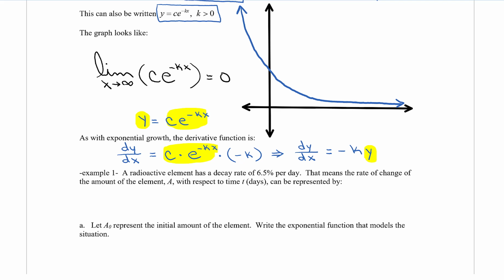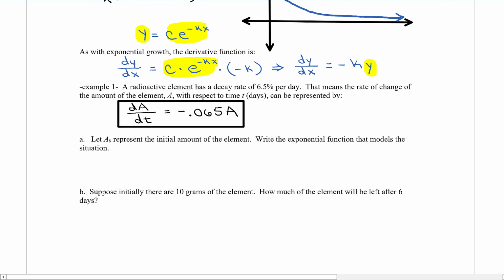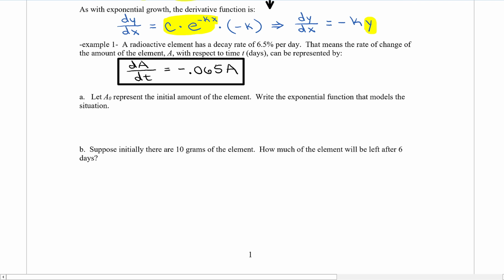That means the rate of change of the amount of the element A with respect to time, t, in days, can be represented by the derivative function dA dt equals negative 0.065 times A. If we convert our 6.5% to decimal form, and we include that negative since it said it was a decay rate, we could write that as dA dt equals negative 0.065 times A.